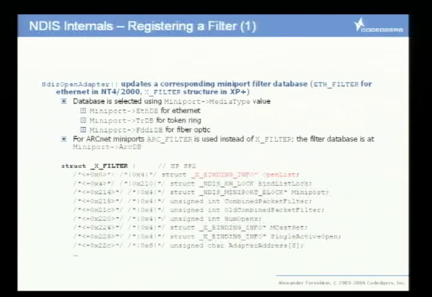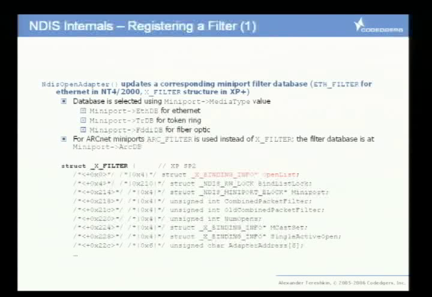So let's see how NdisOpenAdapter actually registers a filter to the packet indication code. First, it should update a corresponding Miniport filter database. The filter database is located in the XFilter structure, which is addressed by four fields in the Miniport structures.